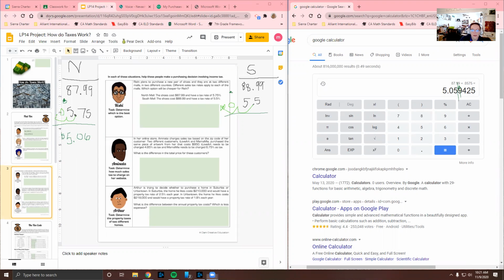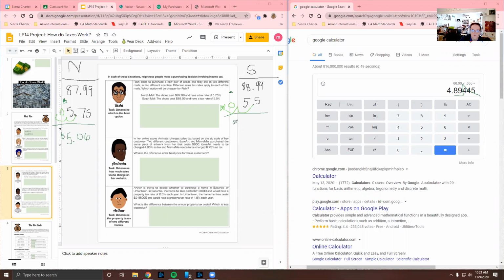We want to figure out how much do we pay in our tax. 88.99 times 0.055, and that is 4.89445. Do the same thing. We're going to round 2 decimal places, cut it off. 4 says round down.